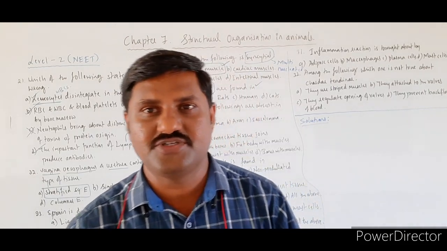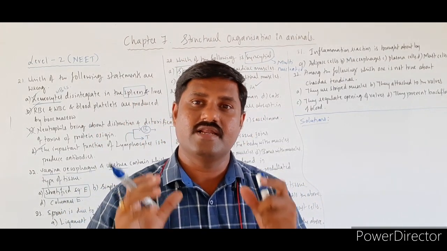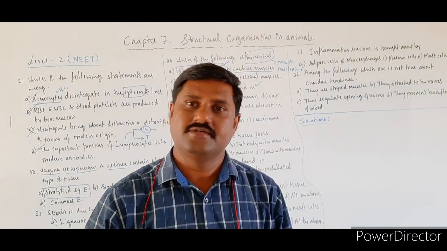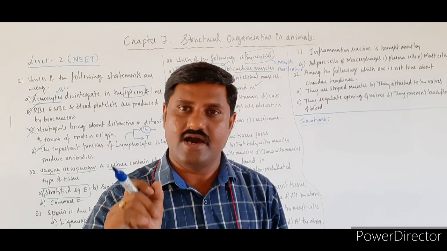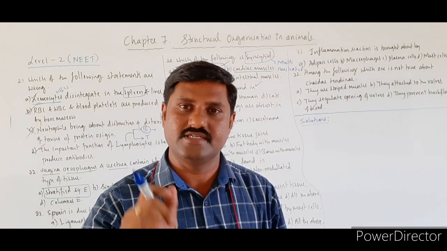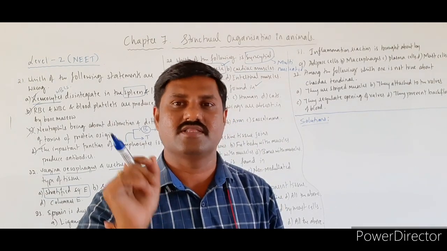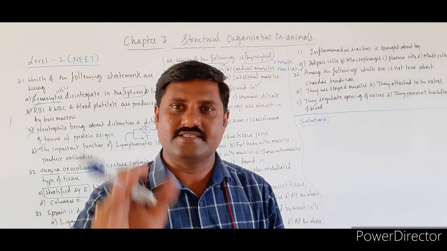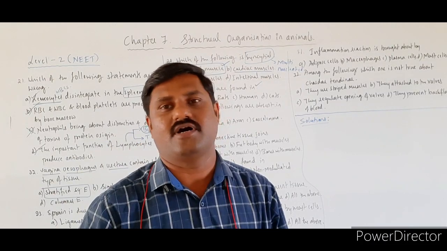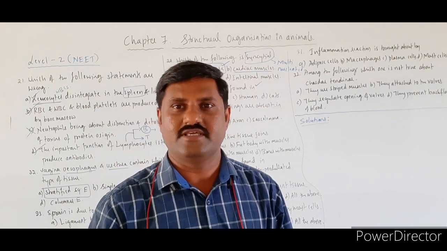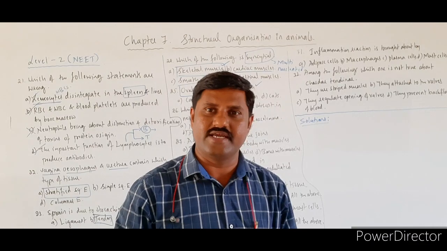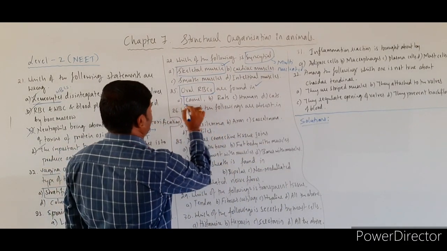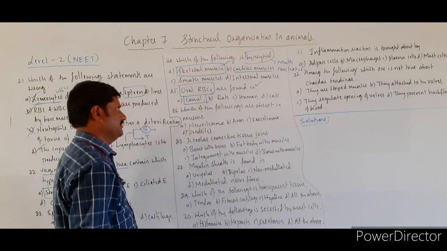RBCs are biconcave disc-shaped cells in human beings and mammals. One exception is the camel, where oval-shaped RBCs are seen, and they are enucleated as in human beings. So camel is the answer for this question.